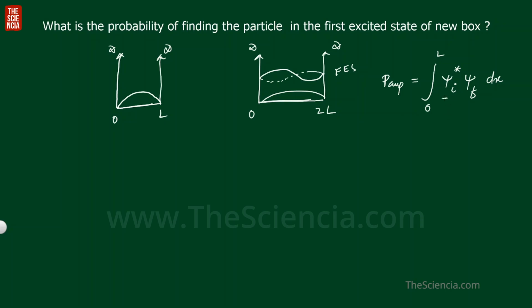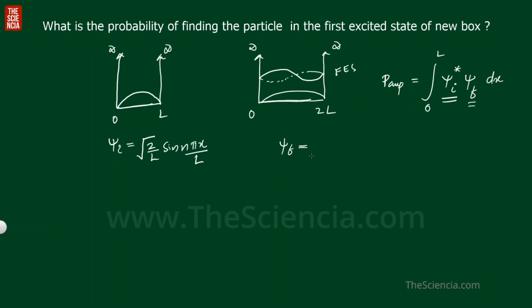So we have to find the wave function psi initial, and we have to find the wave function psi final. What is the wave function of the ground state of a particle in a 1D box? I think you know the equation: root 2 by L sine n pi x by L, where L is the length of this box. And what will be the wave function of the particle in the first excited state in the new box?